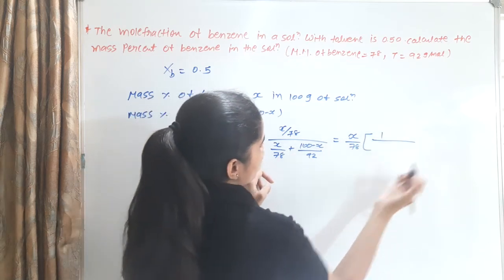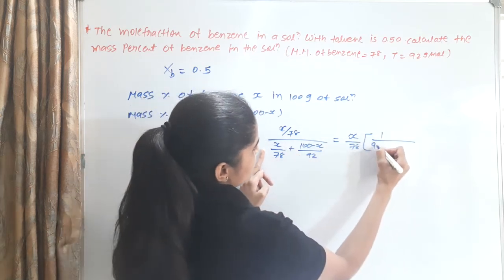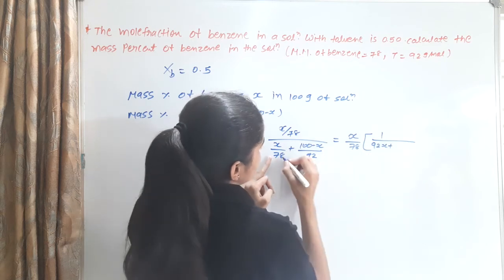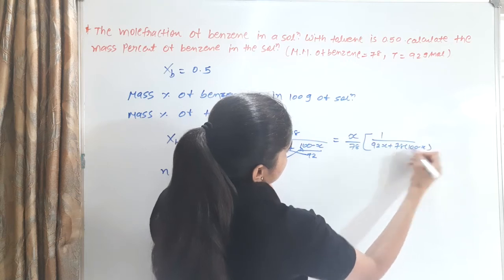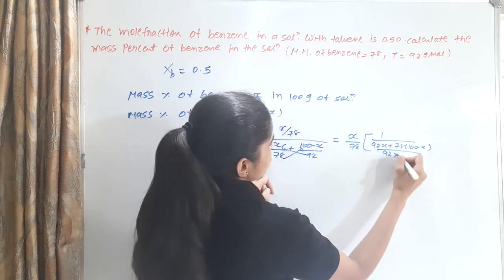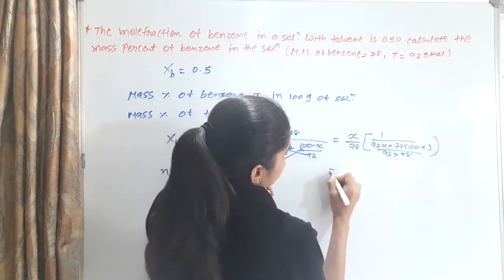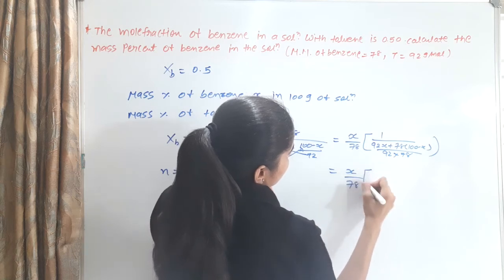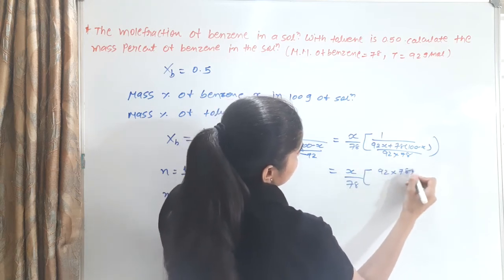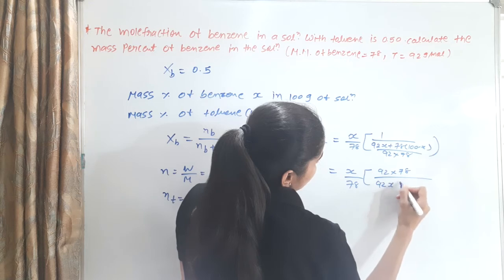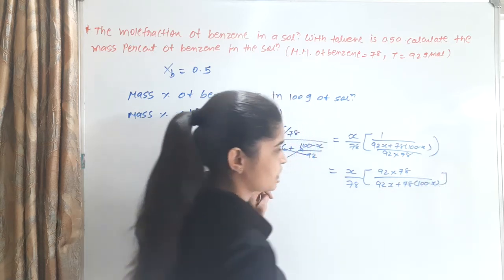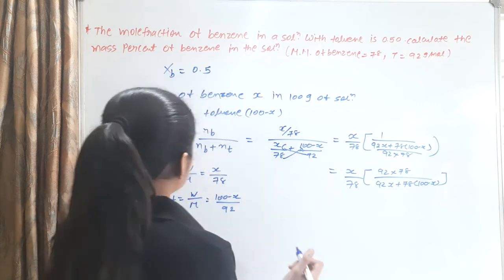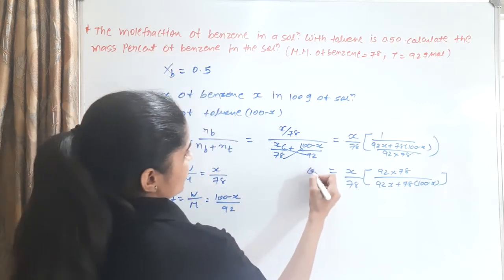X by 78, this is the 1 upon multiply with 92 X plus 78 into 100 minus X divided by the 92 into 78. X by 78 multiply with 92 into 78 divided by 92X plus 78 into 100 minus X. Then this value XB is equal to 0.5.